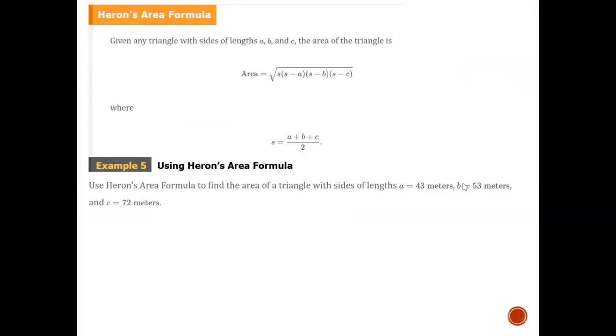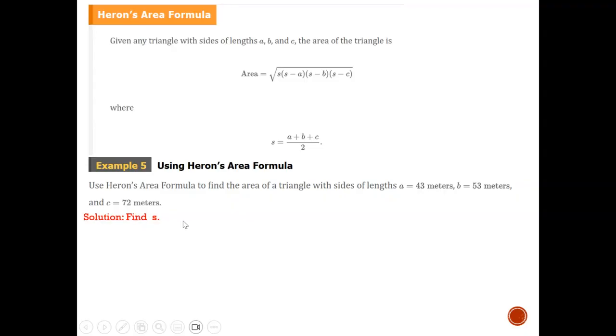Now let's use Heron's area formula. Given any triangle with sides of length A, B, and C, the area of the triangle is equal to the square root of S times S minus A times S minus B times S minus C, where S is equal to A plus B plus C divided by 2. So let's do the formula for example 5.